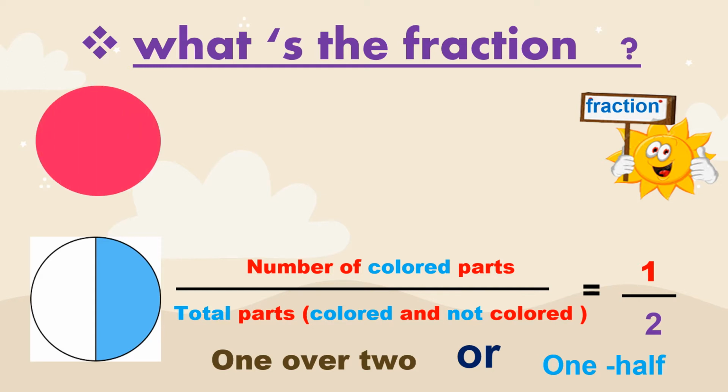If I have this shape, a circle, and all of the parts are colored, how can I read this in the fraction? I can say 1 whole.